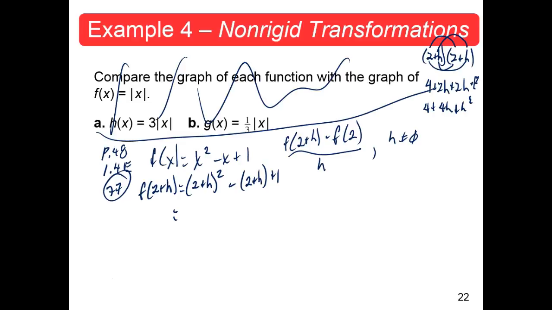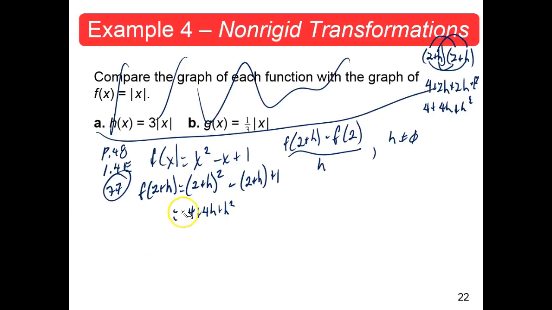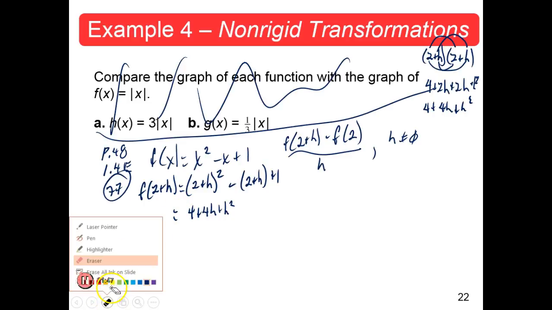Now, I don't know if Corey did it this way, but the shorthand way to do this, square the first, 4, twice the product of the 2. The product is 2h, double that, and you have plus 4h, and then square the last plus h squared. And that's what we got here too. Okay? Now, we really don't need the parentheses in front, so I'm going to take it out just because it's just taking up room.